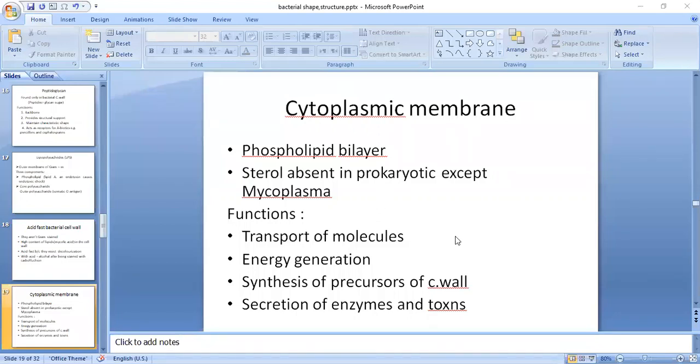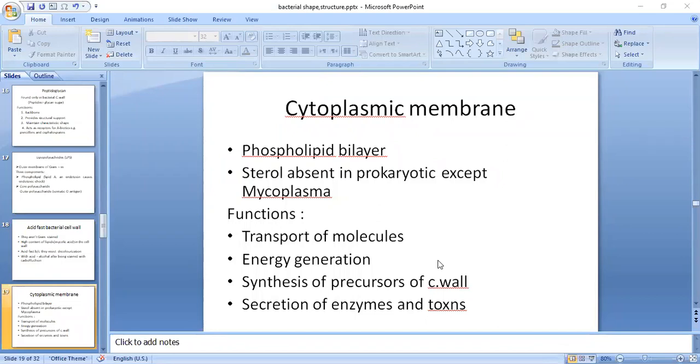The cytoplasmic membrane acts as a receptor and as a transport of the molecule. So one of the functions of the cytoplasmic membrane is the transport of the molecule and the generation of the energy.